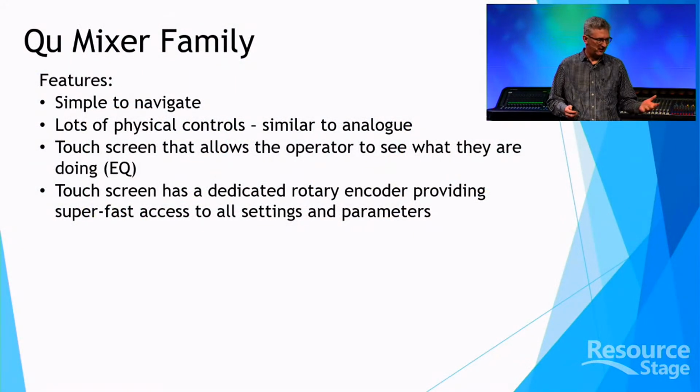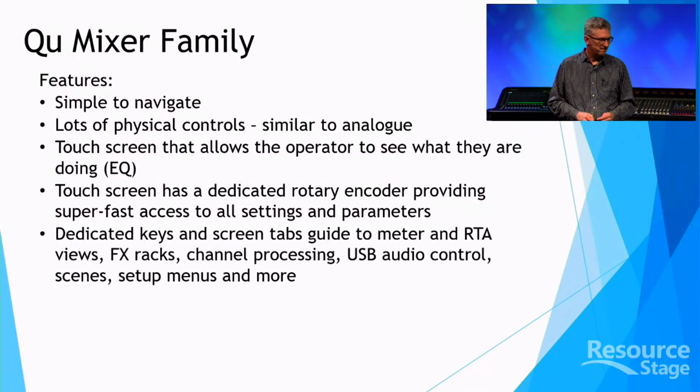The touchscreen has a dedicated rotary encoder, which I was just talking about. We can select a parameter and then adjust it with that encoder there. Dedicated lit keys and screen tab guide to meter and RTA views, effects racks, channel processing, USB audio control.